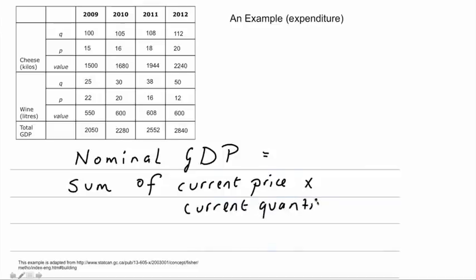Now remember, by current, I mean that for each particular year, I've valued the quantities in that year by the price that was current in that year. So this nominal GDP in 2009 is reflecting the prices in 2009. Nominal GDP in 2010 reflects the prices in 2010.